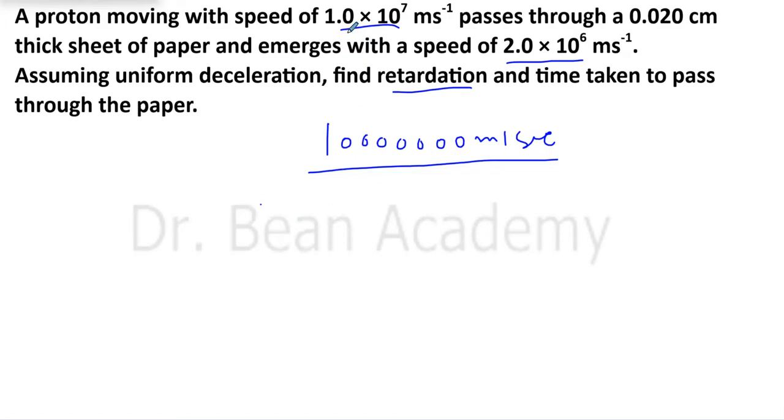This change is actually acceleration, or if the velocity is decreasing, we term it as deceleration. So whatever it is, we have to calculate the acceleration. Retardation means the change in velocity, associated with the decrease in velocity.